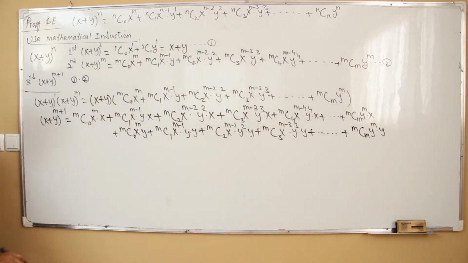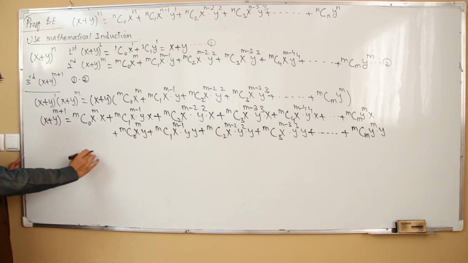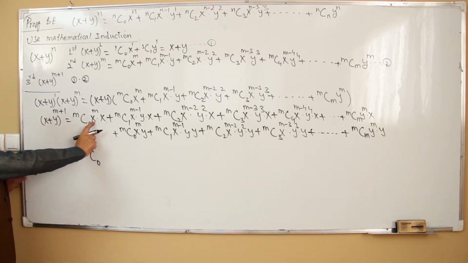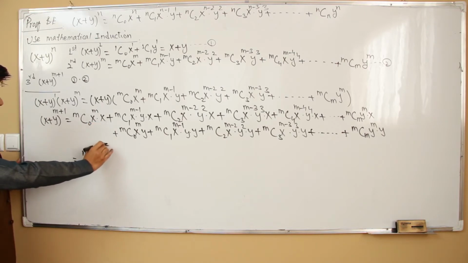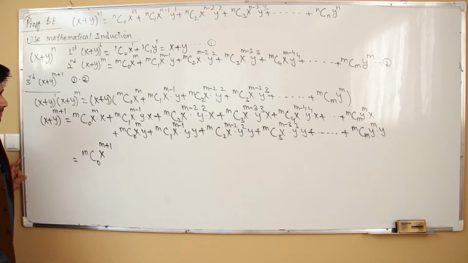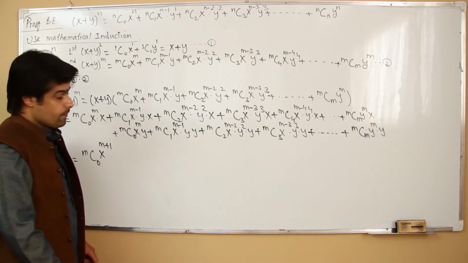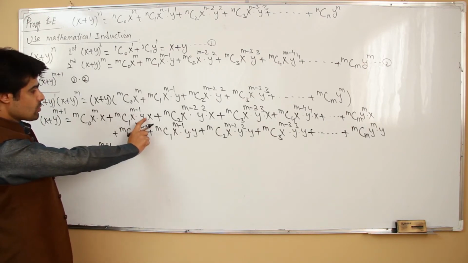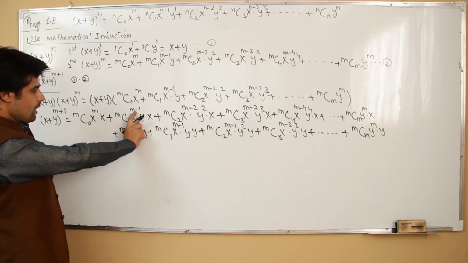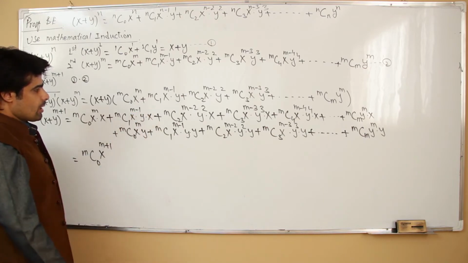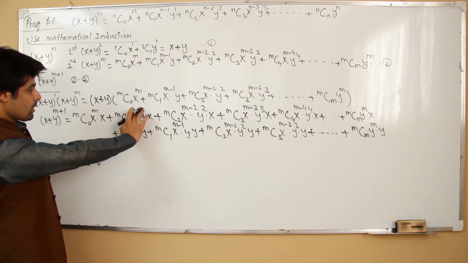Now look, we have mc0 x to the power m times x. It is x to the power m plus 1. Am I right? Yes. Here, x to the power m minus 1 with this x, the bases are same. m minus 1 plus 1 is m, so you can write here m.